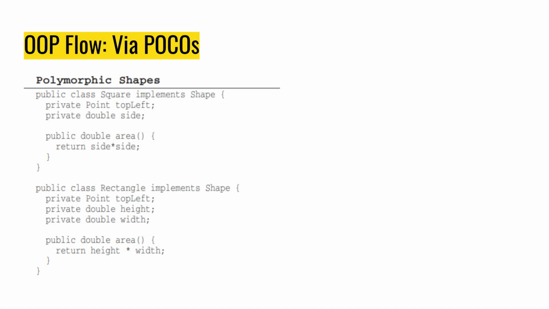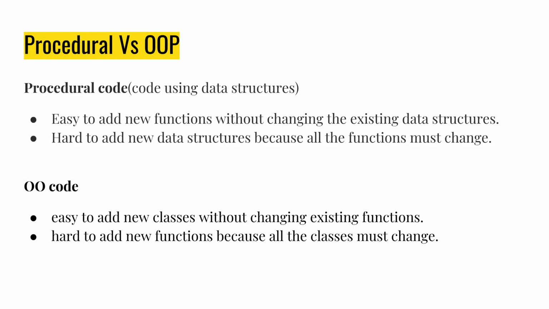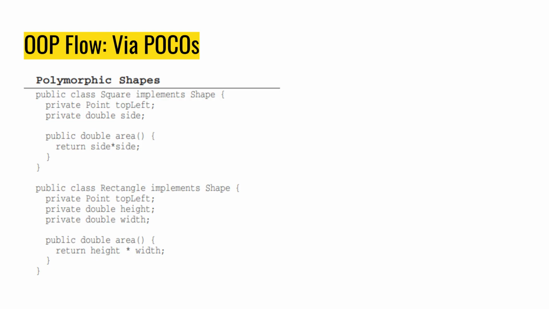In this case, square is not simply data. It's a bit more. It's a logical concept. So a square can calculate its own area. Square and rectangle can both do that. They're both a shape. And basically when we call this, we can create two shapes and calculate their area. The output will be the same.